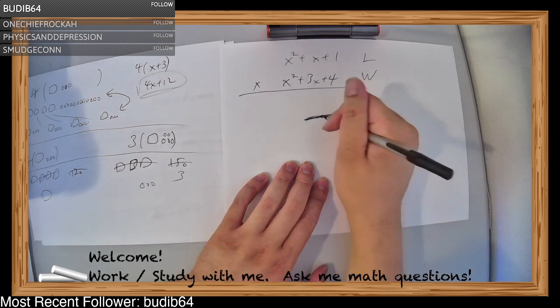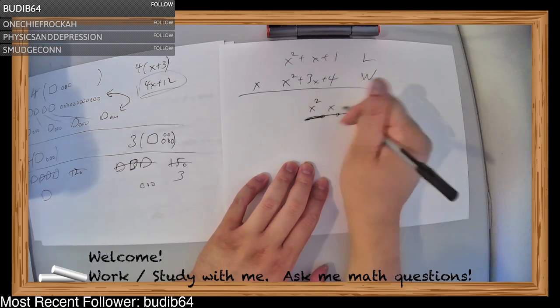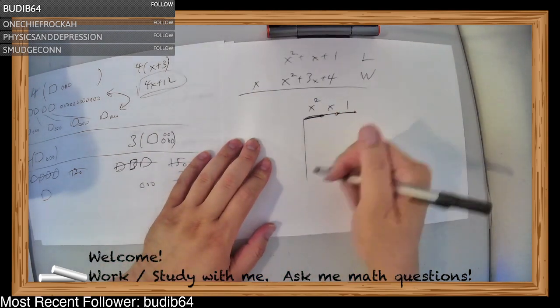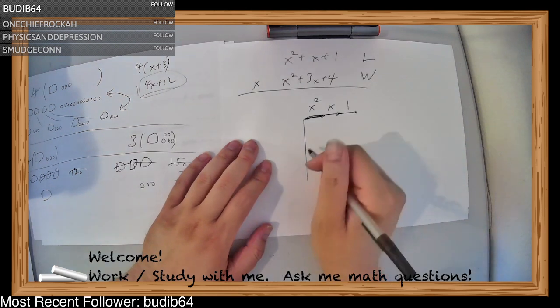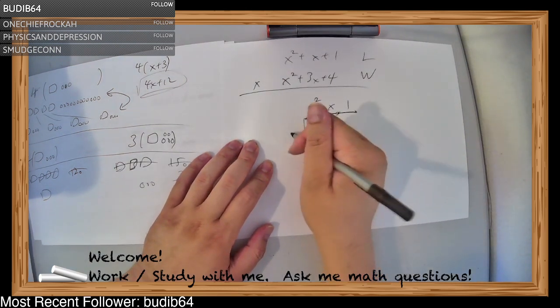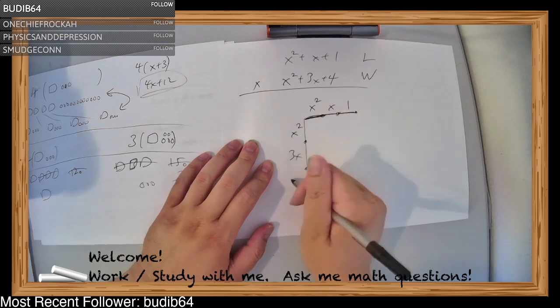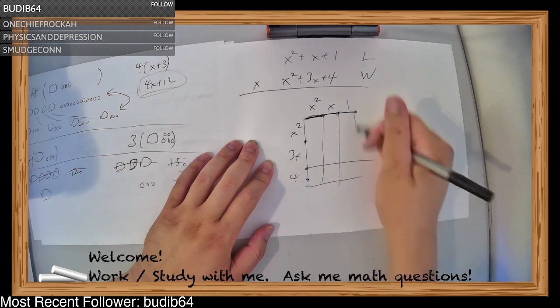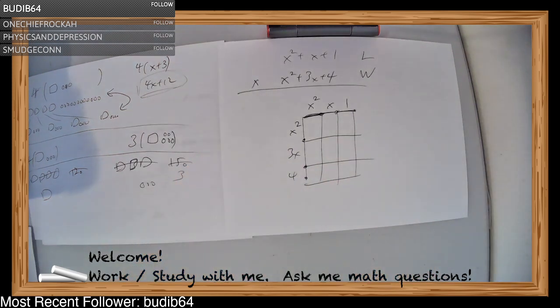But yeah, so this is x squared, this is x, and this is 1. The other side of this, did I say square? I meant rectangle, sorry. The other side of the rectangle has 3 parts too, x squared, 3x, and 4. And if you look at the way this is divided up, it forms a 3 by 3.